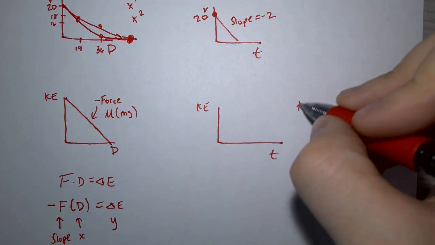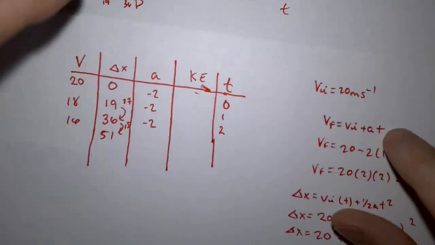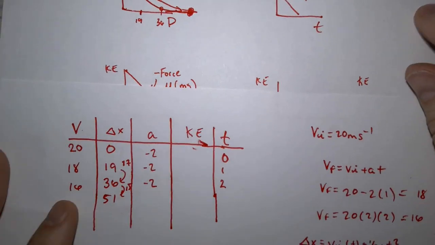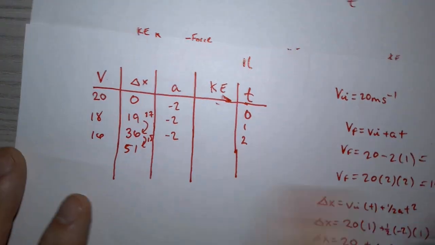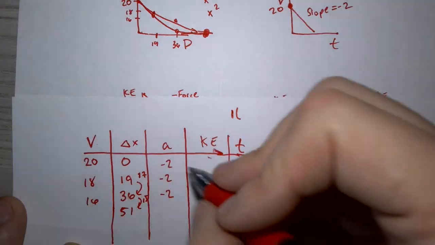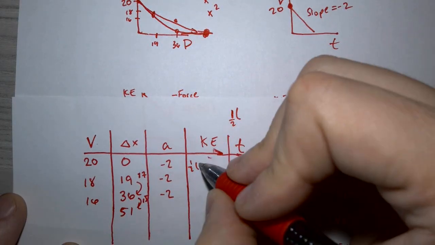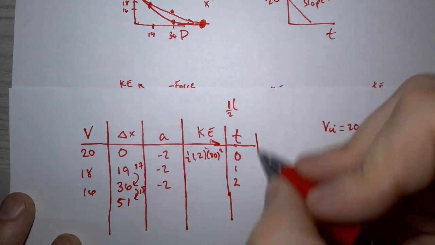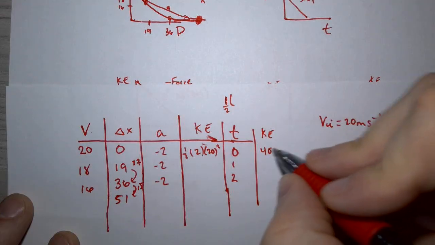Well, kinetic energy, when we were doing the t-table as a function of time, it would be 1/2 mv squared. So let's just pretend that the mass is 1. Actually, it'd be easier if our mass is 2. 1/2 times 2 times 20 squared is 400.